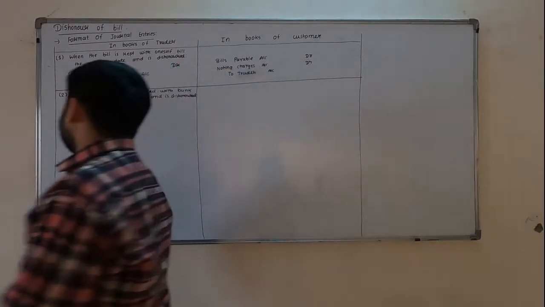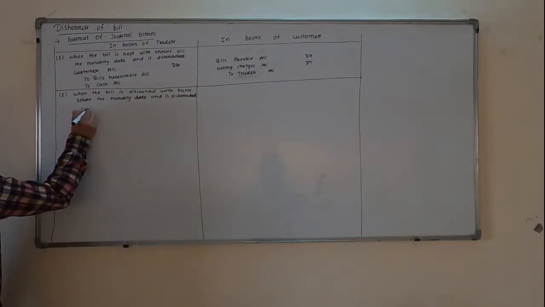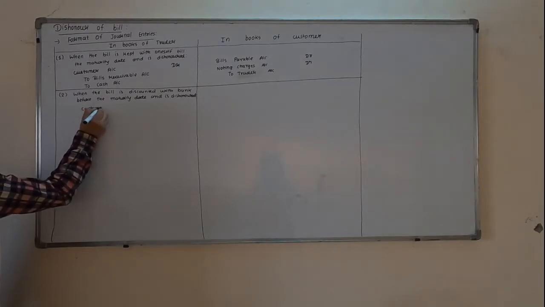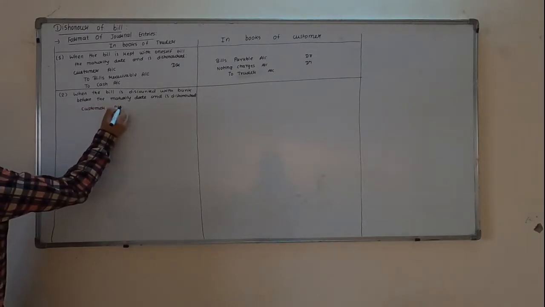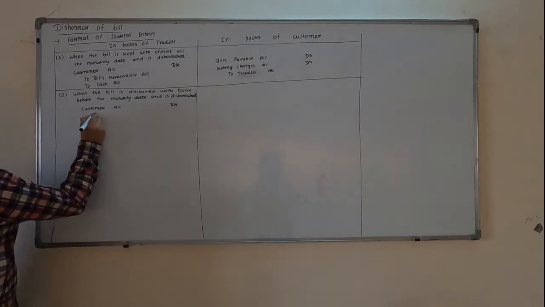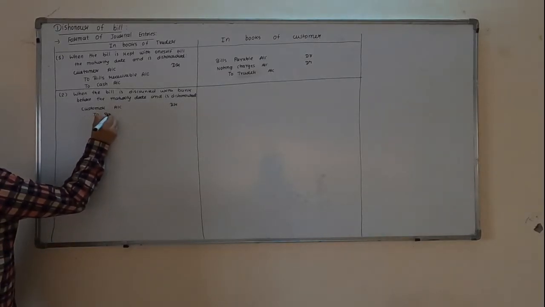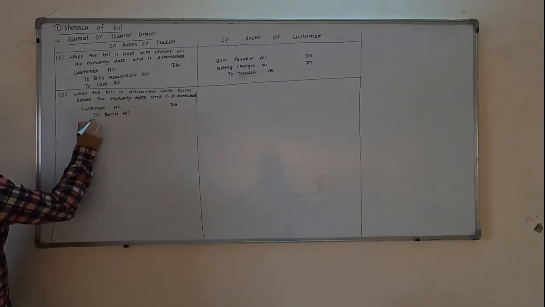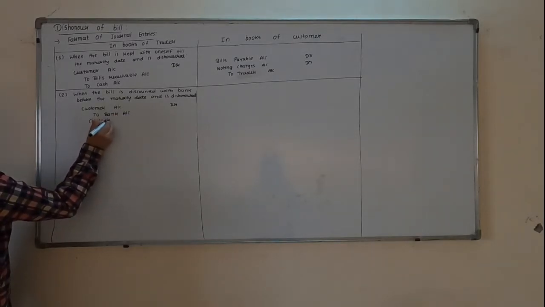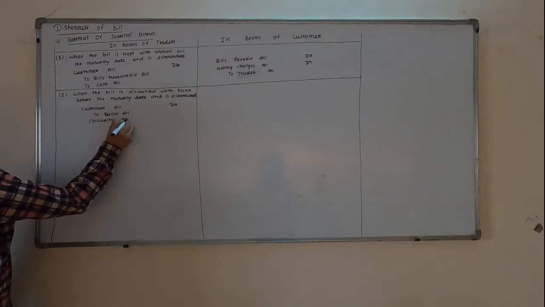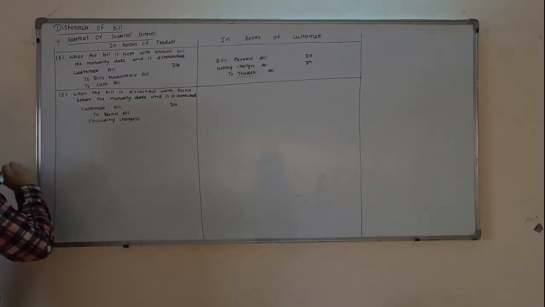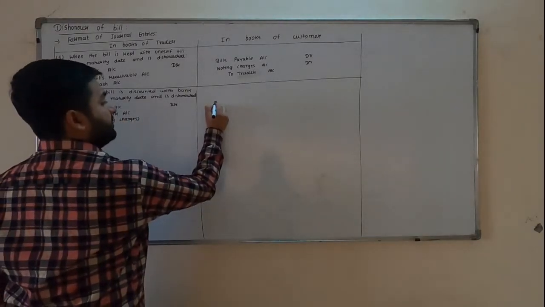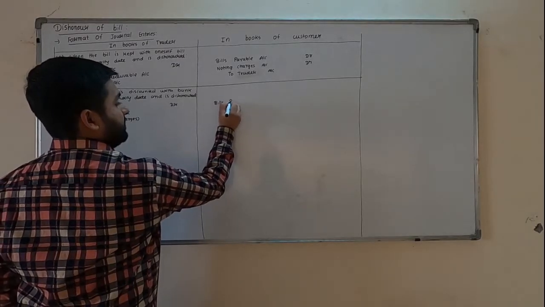So now what entry will be made? Customer account debit to bank account including charges, and here the entry will be fixed always.